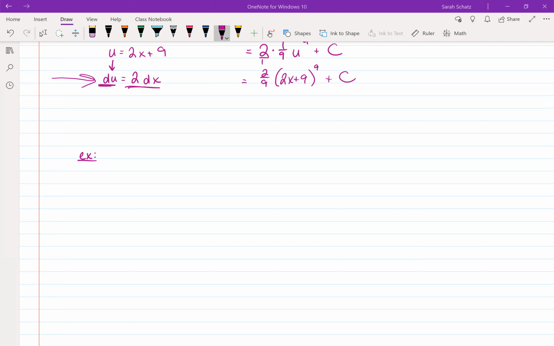It might even be a little bit easier. All right, so let's do this one. I want to take the antiderivative of 6x squared times e to the x cubed dx.